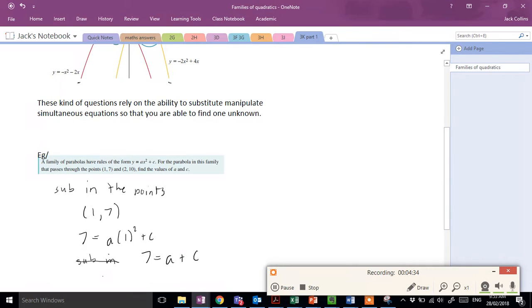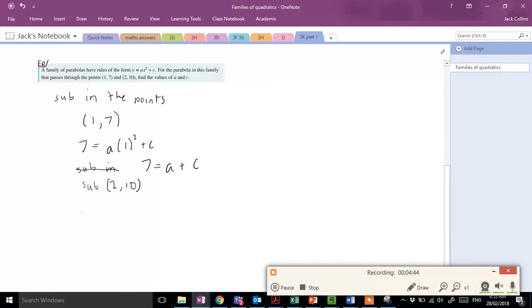And you'd also sub in (2, 10). So 10 is equal to 2 squared a plus c, or 10 is equal to 4a plus c. We'll finish this off in the next video.